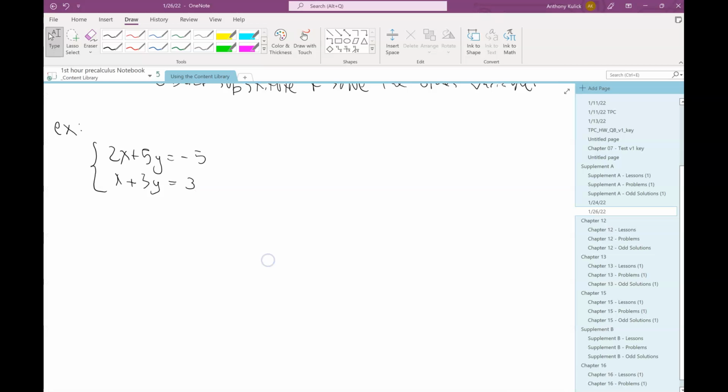Okay, let's say our system is 2x plus 5y equals -5, and our other equation is x plus 3y equals 3. So I can choose either equation to use in my first step, and I can choose to solve for either variable in that equation that I've chosen.